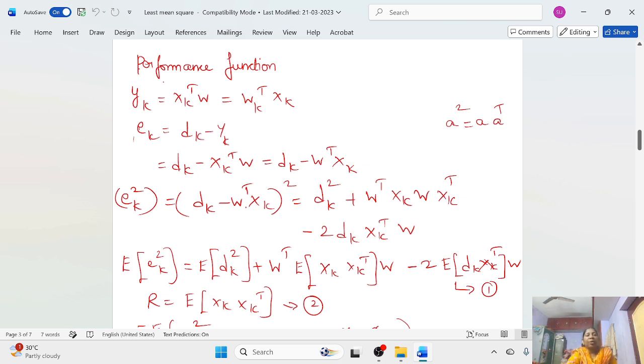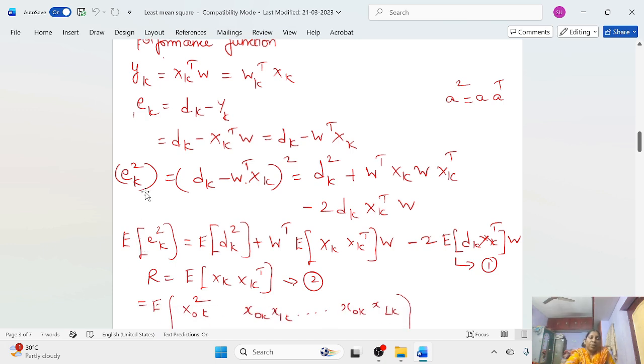So now, after squaring it, we are going to apply the expectation over this. Expectation of ek squared equals the entire expression, where we apply expectation or mean. E of dk squared plus w transpose into the expectation of xk and xk transpose, with w kept outside, minus 2 into expectation of dk into xk transpose w.